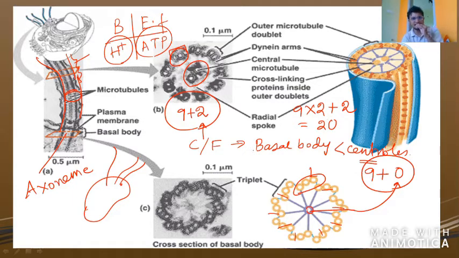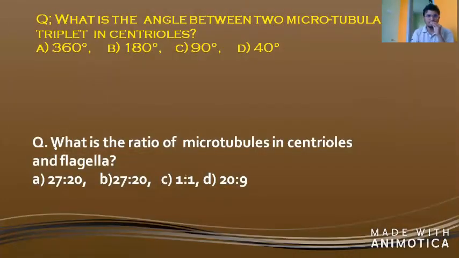But in the case of basal bodies and centrioles, you have a 9+0 array, and every section has a triplet. So 9 × 3, the total number of microtubules is 27. Now let's come to the question. What is the angle between the microtubular triplets in the centrioles?